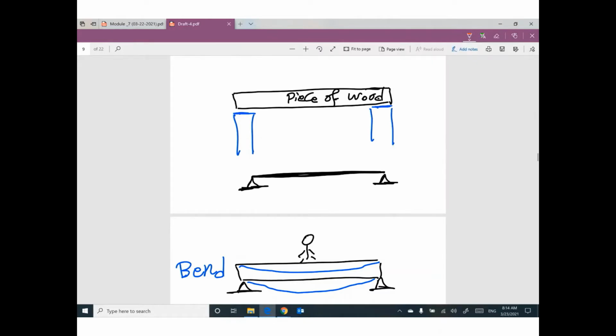So the new shape, after you apply a force on this piece of wood, the new position or the new deformed shape for this piece of wood looks like this. Curve.